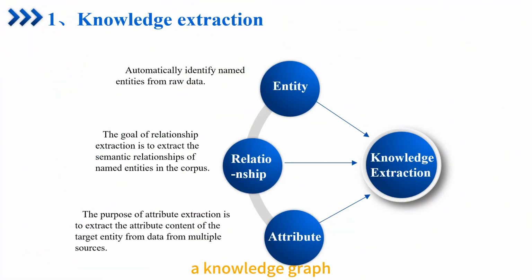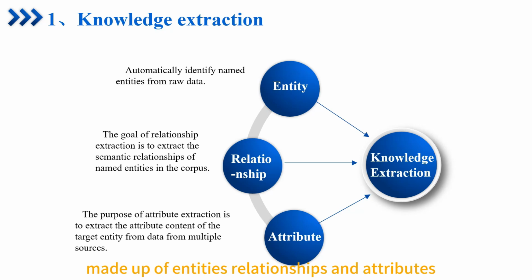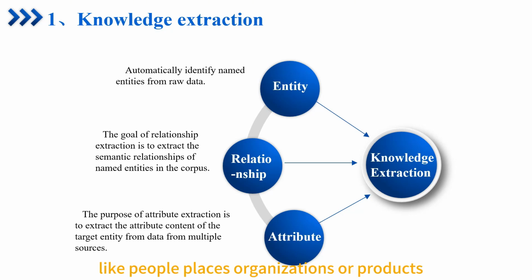A knowledge graph is a database that organizes information using visual graphs made up of entities, relationships, and attributes. Entities are basically objects that can be anything, like people, places, organizations, or products. Each entity has a unique identifier and a set of attributes that describe it.